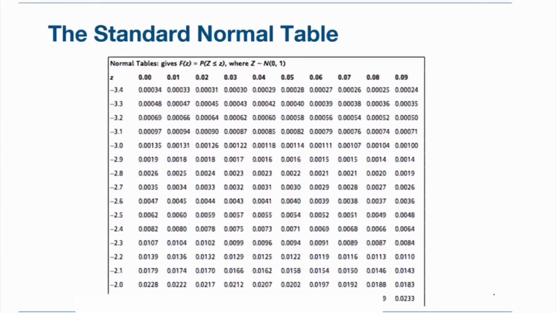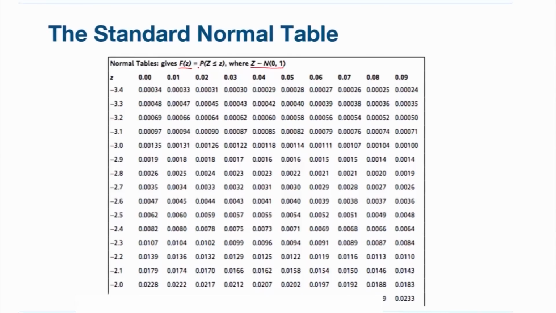What we'd like to do now is go through the table together to learn how to read it, because it looks confusing. First of all, what is this table again? It is the cumulative distribution function, big F, of the standard normal variable z, which is distributed with a mean of 0 and a standard deviation of 1.